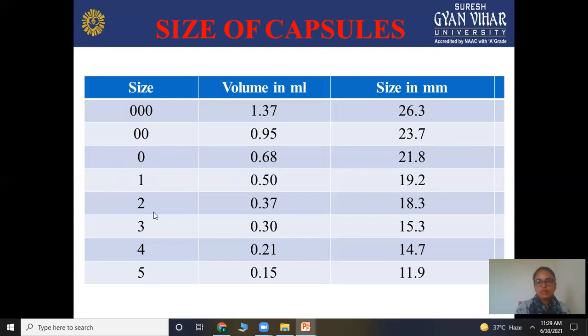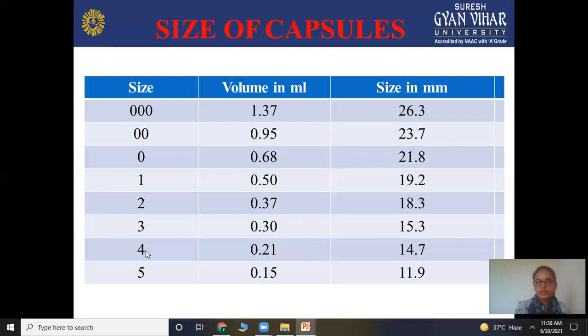Next is size 2, or capsule name 2, and volume filled is 0.37 ml and size is 18.3 mm. Next capsule smaller than 2 is 3, and in 3 volume filled is 0.30 ml and size is 15.3 mm.